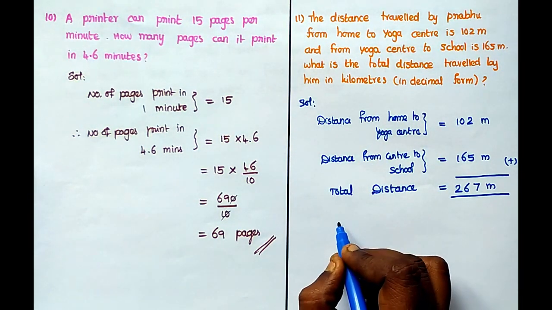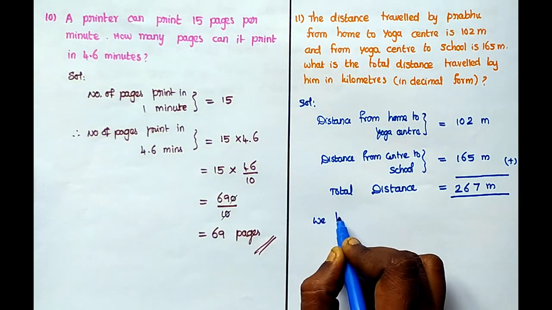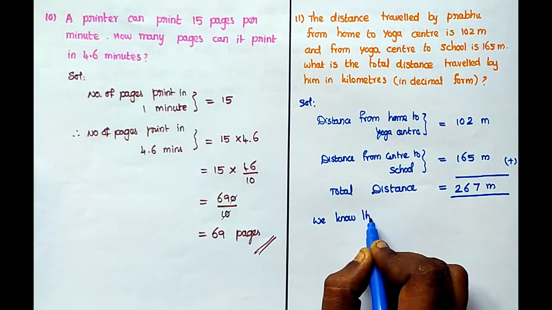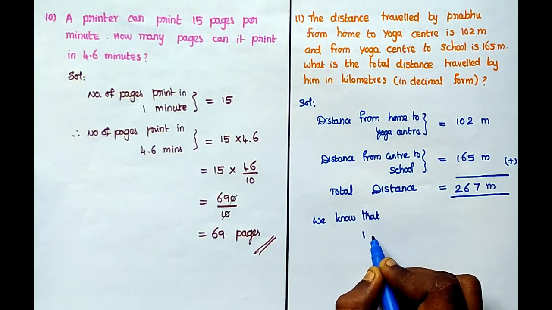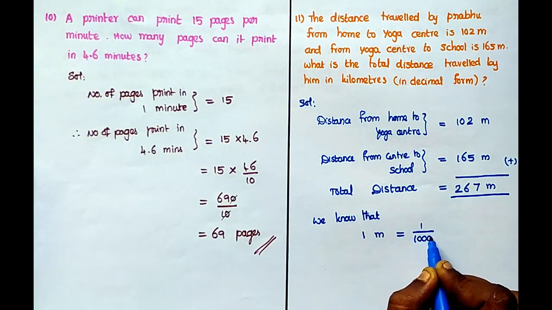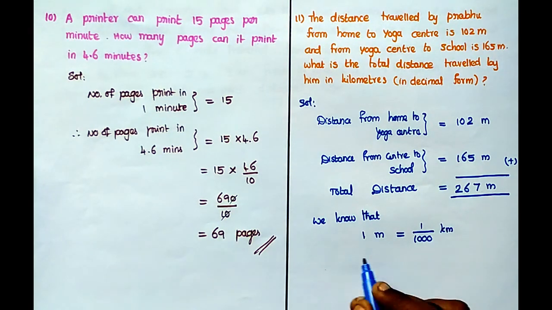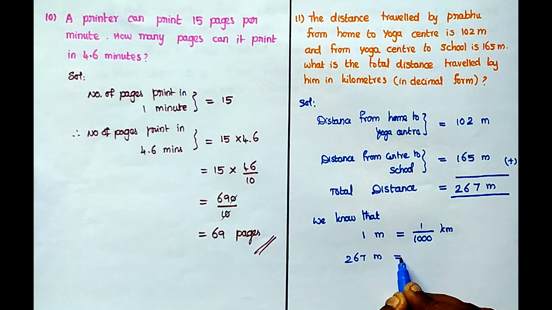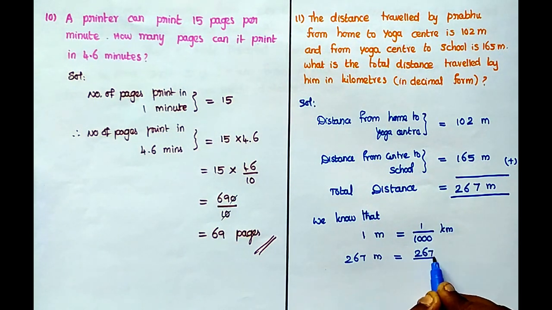So 1 meter, we know that 1 meter equal to 1 by 1000 kilometer. Here 267 meter equal to 267 divided by 1000 kilometer.